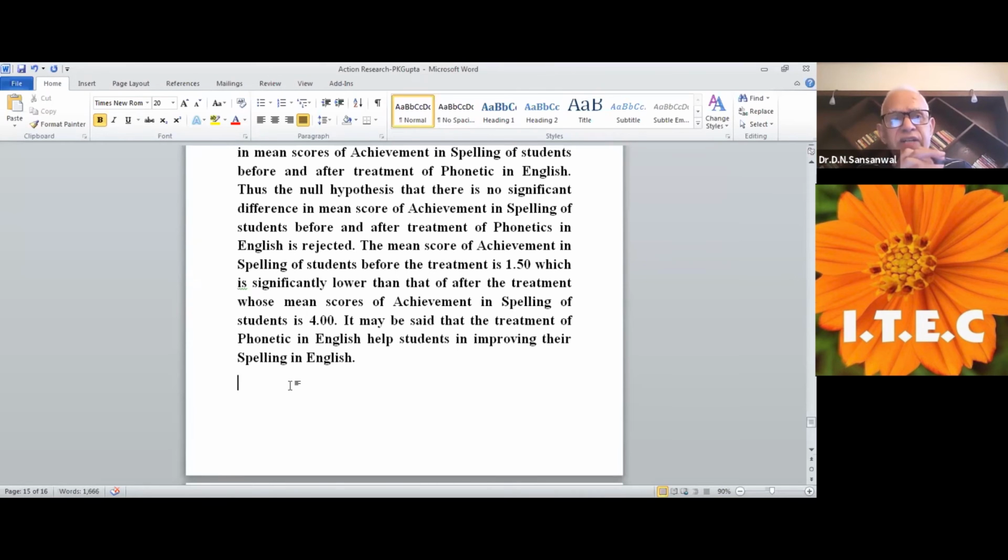So if by chance you have a large group and only 1 section, with male and female students, and you want to find out whether the treatment helped more the male or the female students, please remember, this is possible only if you have one group with both male and female students and the number is large.